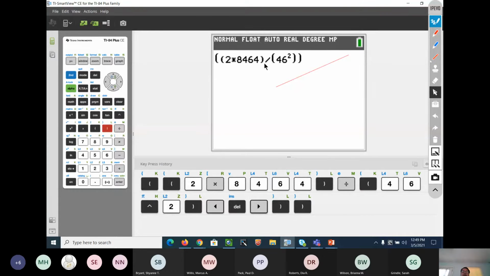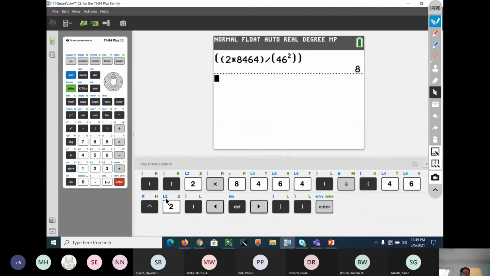Then divide, and this parenthesis takes care of 46 squared. And then this parenthesis and this parenthesis says take this number and divide by this number. Now you don't have to do it this way. You can just do it separately, but you should get the same answer I get, which is 8. So I got m is equal to 8. And that is your answer.